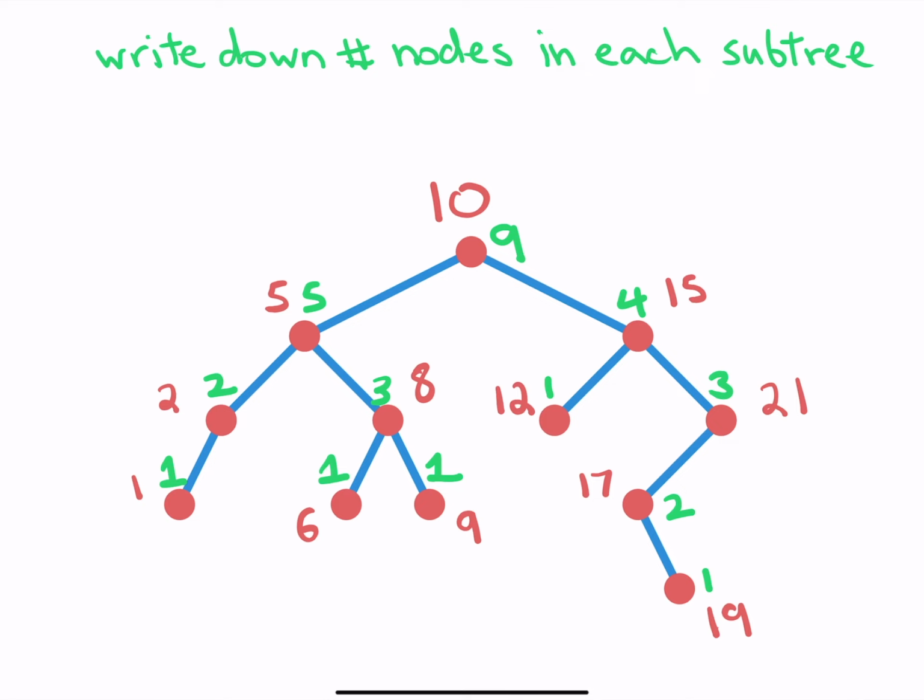You see annotated in green how many nodes are in the subtree. These tallies let me notice if one subtree has way more nodes than the other, like twice as many. And if that happens, then I'm just going to optimally rebuild that entire tree.